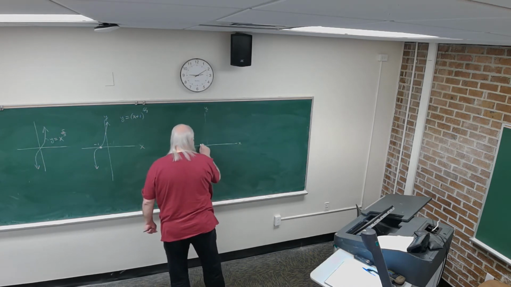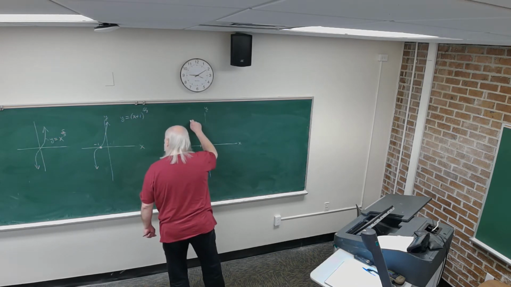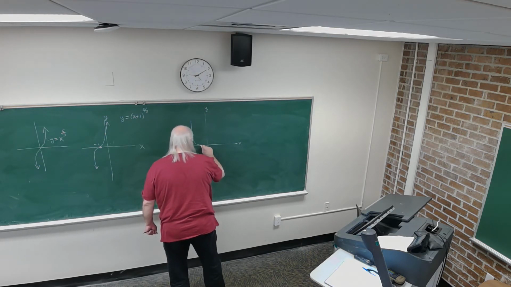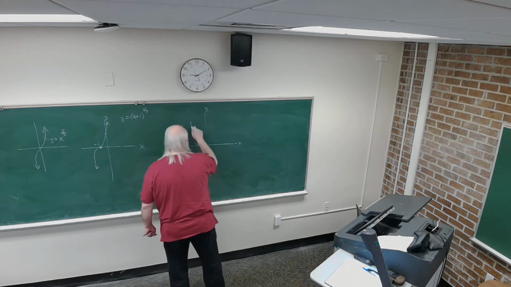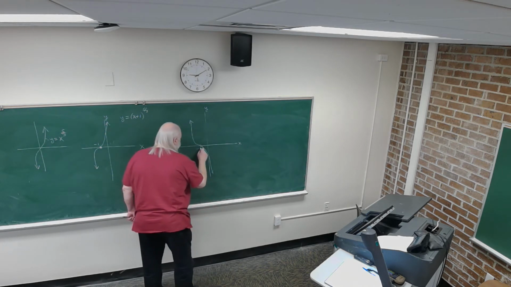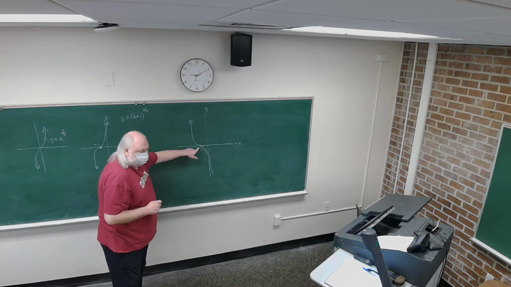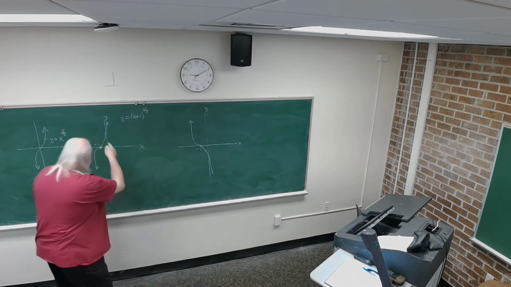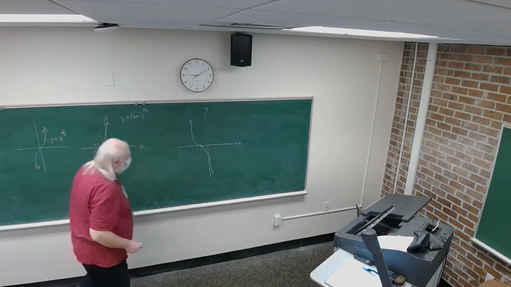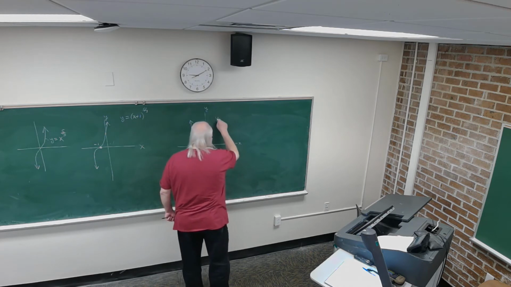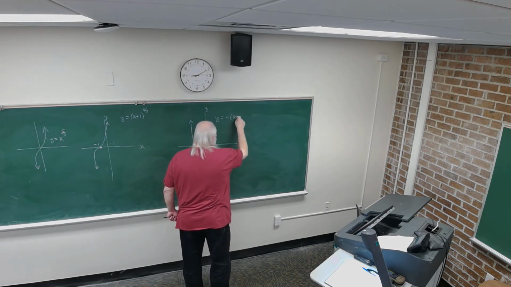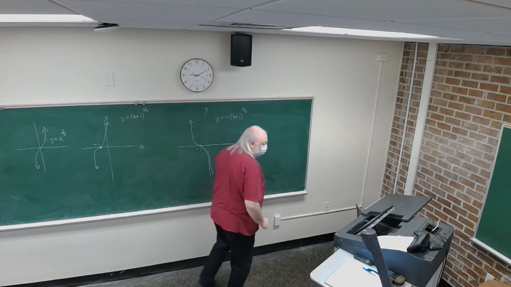So here's -1 on the x-axis, and now the graph comes down, and I'm doing this by hand, so. And now it still snakes through x equals -1, but the graph is flipped upside down. Okay. So this is y equals minus x plus 1 to the 5/3.